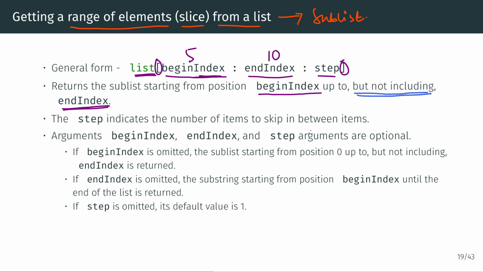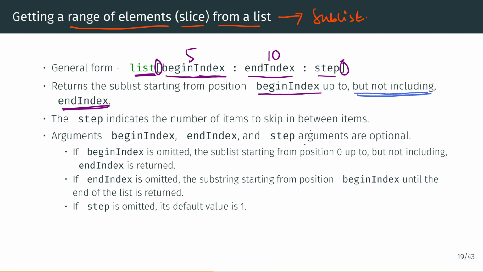If the step size is 2, you choose every other element starting from begin index. Begin index would still be there, but after that you choose every other element. If the step size is 3, again begin index will still be there, but then you choose every third element from there, right? Now the arguments begin index, end index, and step are optional.